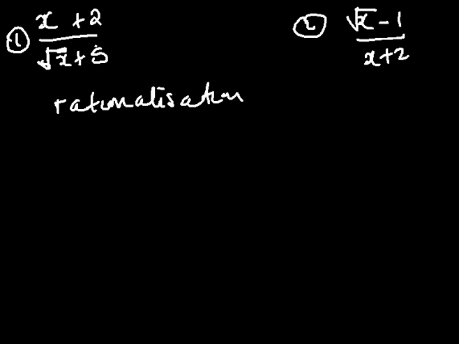And if the surd being removed is the one on the denominator, we call it rationalizing the denominator. And if the surd being removed is the one on the numerator, then it is said to be rationalizing the numerator. So that's the principle behind it.